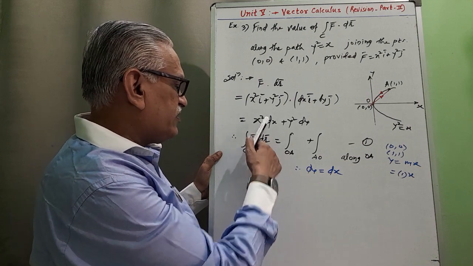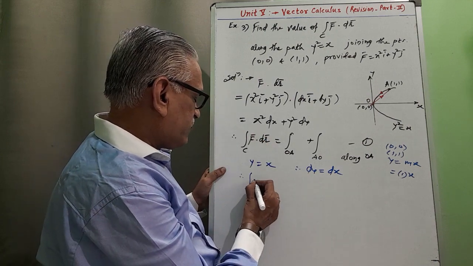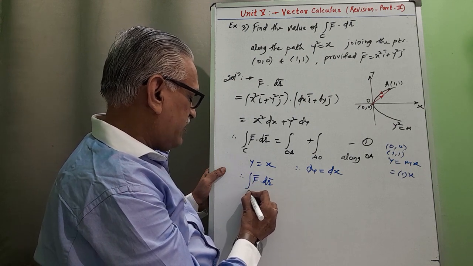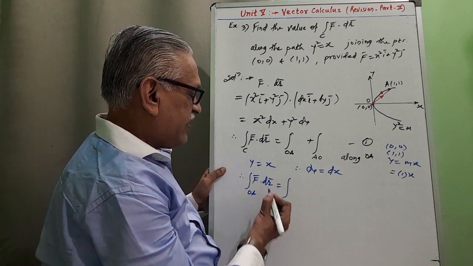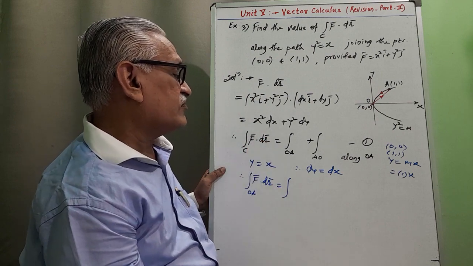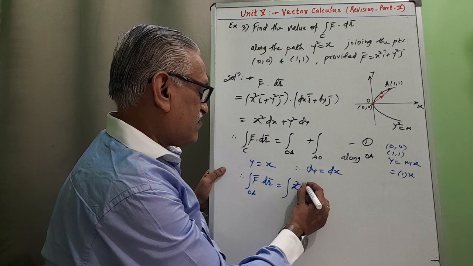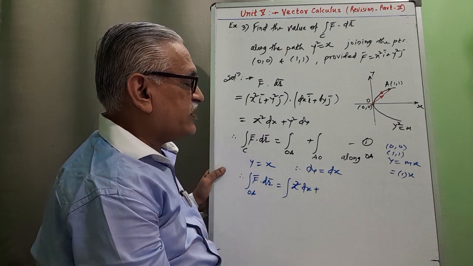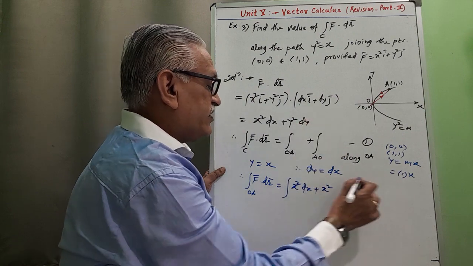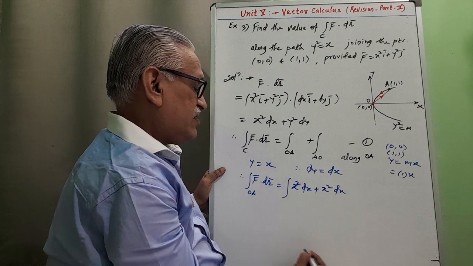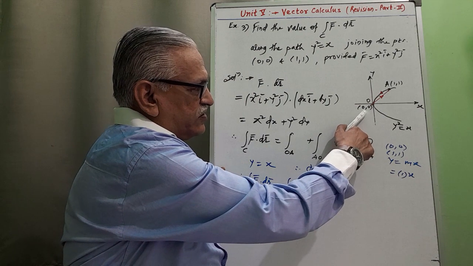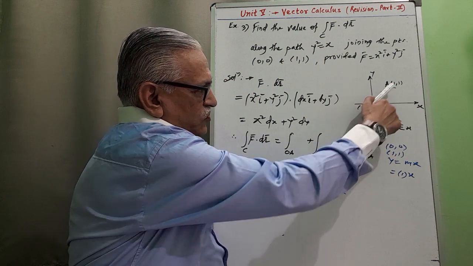Differentiating with respect to x, we get dy is equal to dx. Using this, the line integral of F bar dot dr bar along the path OA is the integral of x square dx plus y square dy, but y equals x, so it becomes x square, and dy is dx. As we integrate with respect to x, we see how x changes over this path: from 0 to 1.